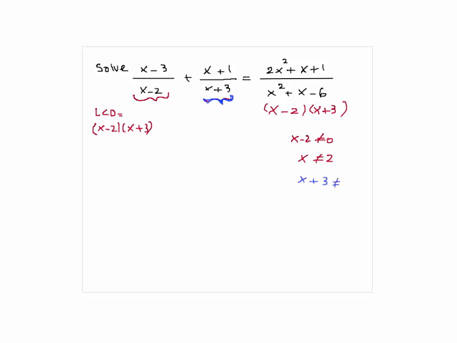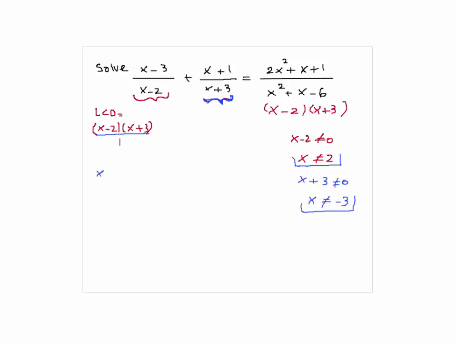So x plus 3 cannot be equal to 0, x cannot be equal to negative 3. So we're going to write these restrictions down. If I get the answers to be 2 or negative 3, I'm going to exclude those answers as part of my final answer. So the LCD is x minus 2 times x plus 3 over 1.